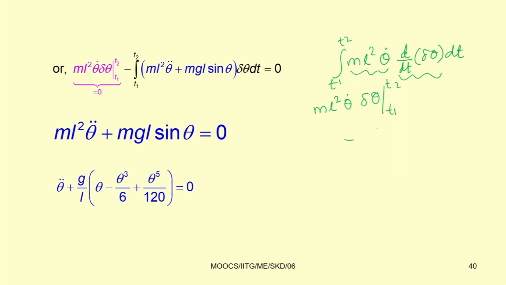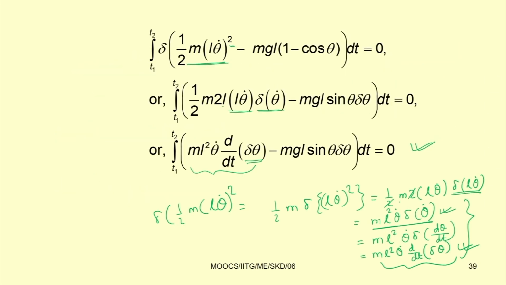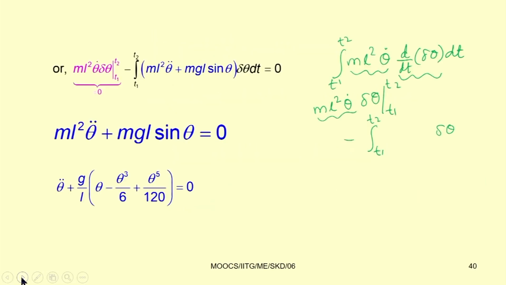Then minus the integration from T1 to T2 of delta theta, which remains as it is, times the differentiation of m L square theta dot, which is nothing but m L square theta double dot, that is d square theta by dt square.